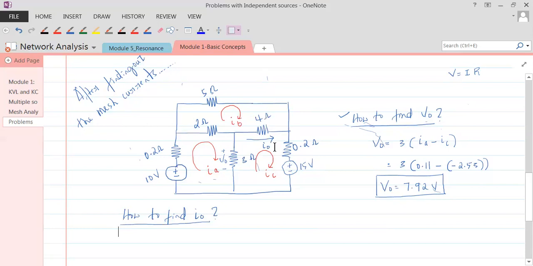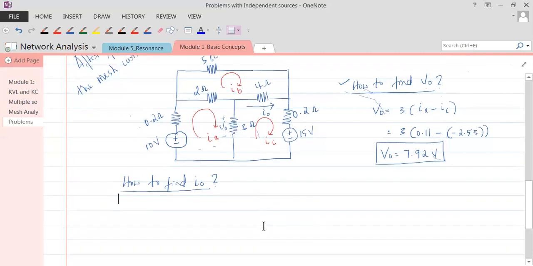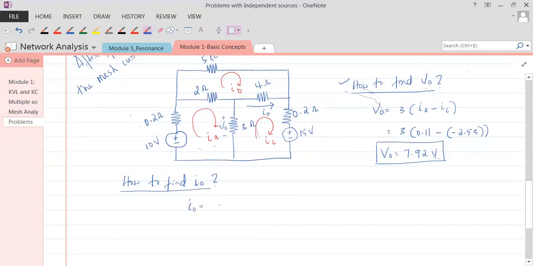I0 would be IC minus IB, because IC is flowing in the direction of I0, whereas IB is flowing opposite to the direction of I0. So I can say my I0, in terms of mesh currents, is given by IC minus IB. What is IC?